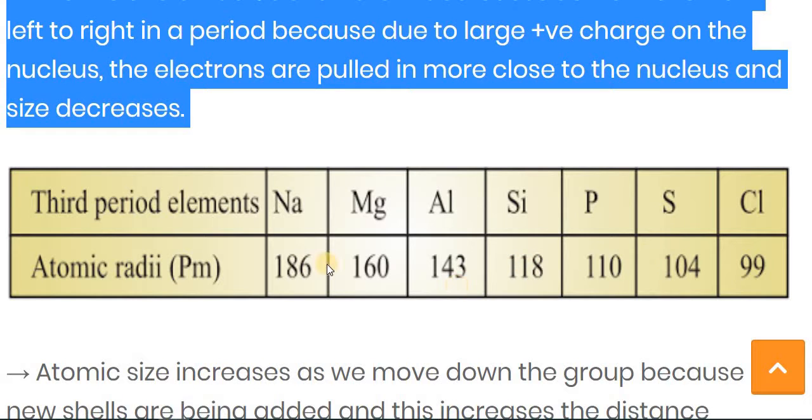But here there are only 3 shells, no other shells are added. Instead of a shell, the electron is added in the outermost orbit. And due to the more attraction force, the radius of the atom shrinks, means the electron is pulled closer to the nucleus, and due to that the size decreases.